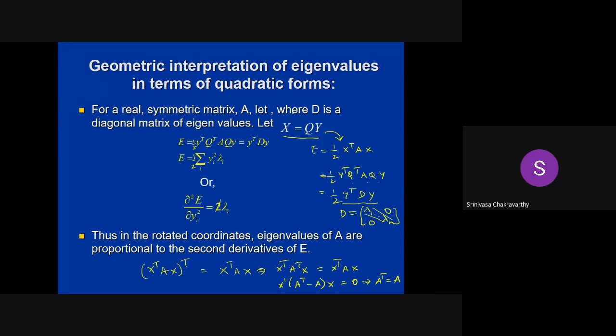The answer is that what we are doing to go from x to y is an orthogonal transformation, and we have already proved that an orthogonal transformation is length preserving. That means lengths don't change; it only rotates the coordinates, since the whole thing is only rotated by a fixed angle.